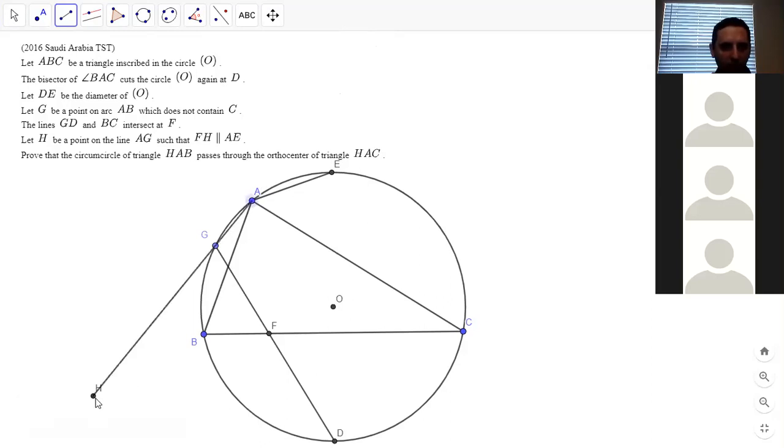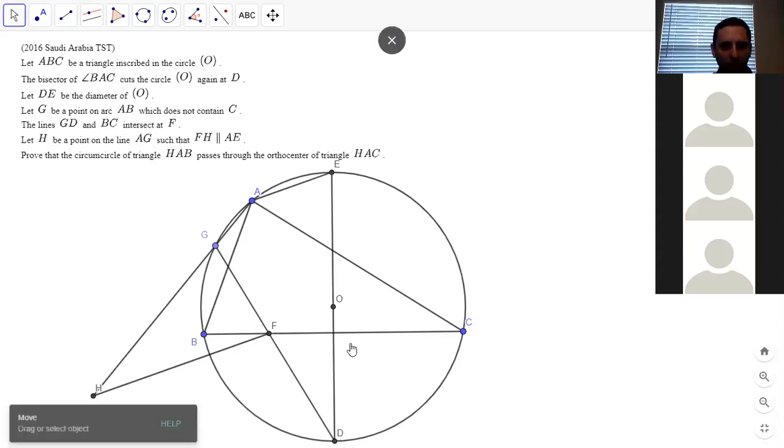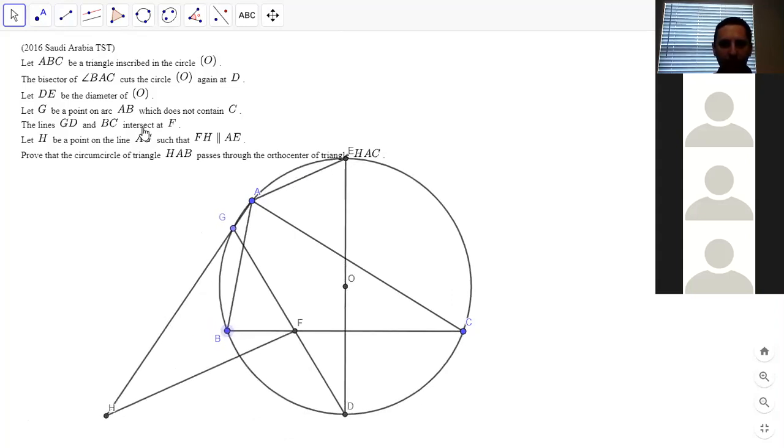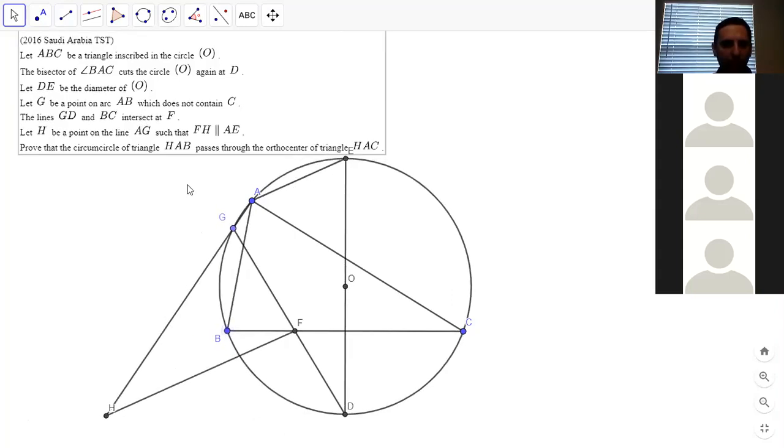Okay, so FH is parallel to AE. That's kind of interesting. So maybe I want to draw the orthocenter of HAC, and then I want to show that it makes a cyclic quadrilateral. I think that might be a good way to go. So here's triangle HAC. I think it is not necessary to draw the orthocenter. Oh, really?